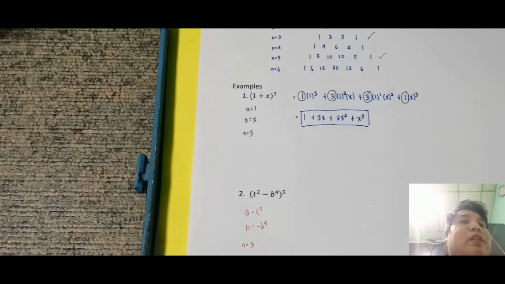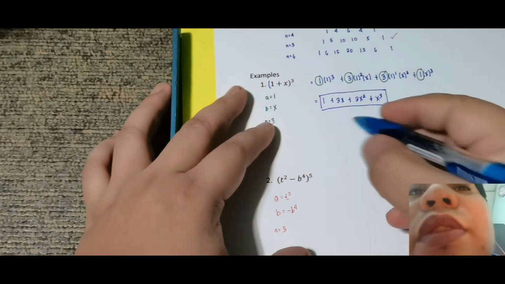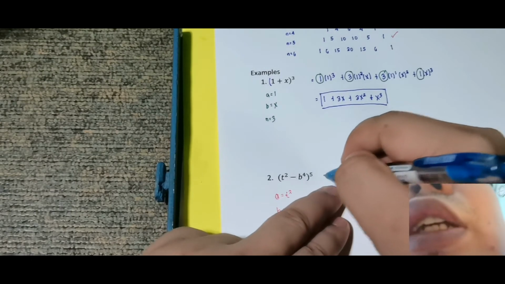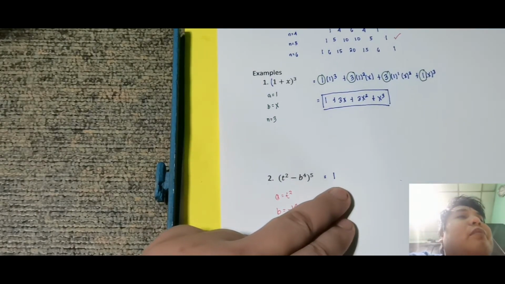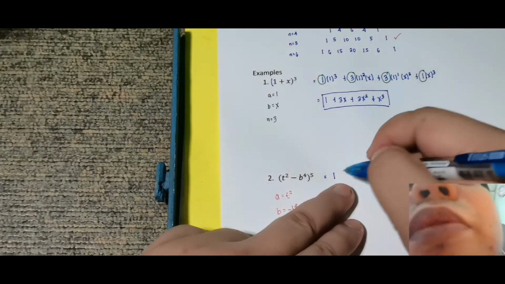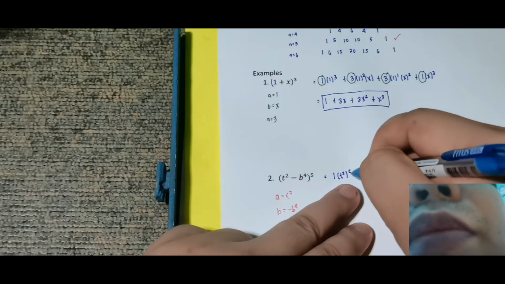Okay, so next is, syempre simplify natin yan. Or gamitin natin yung application yan. So una 1, dahil yung coefficient na 1. Tama kasi 1, 5, 10, 10, 5, 1 yun. So 1 tapos t squared. Ito ay t squared raised sa 5.